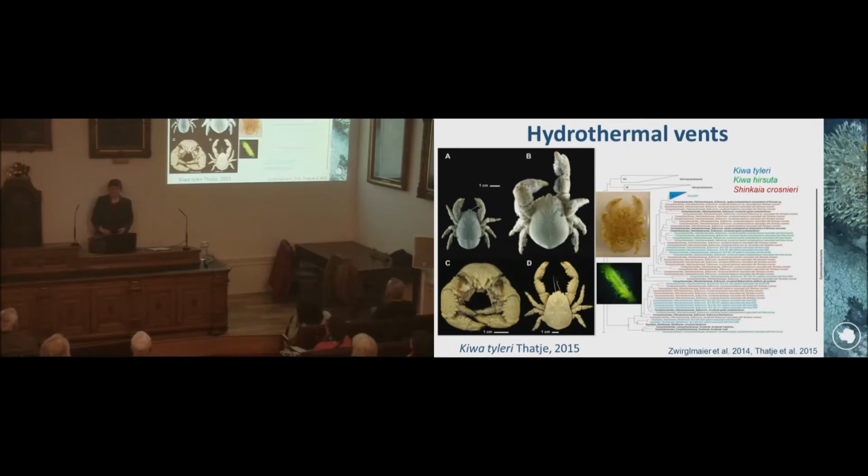On the vent sites, the most charismatic species that we found, and the one that got most of the media attention, was the Yeti crab, which here on the bottom you see one of the large males compared to a smaller female. And as I said, they can grow up to 10, 12 centimeters. They are characterized by very dense bristles on their underside and on their arms.